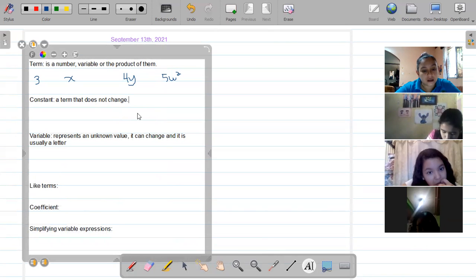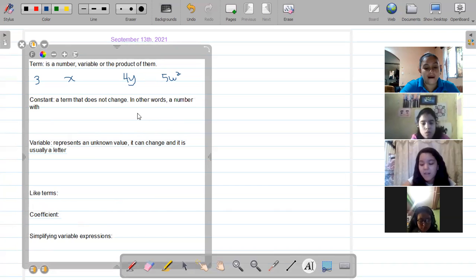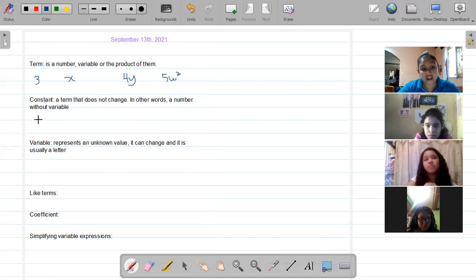Let's add something else in there. In other words, a constant is a number without a variable. For example, 7, -4, a half, 0.24, etc. Those are constants.